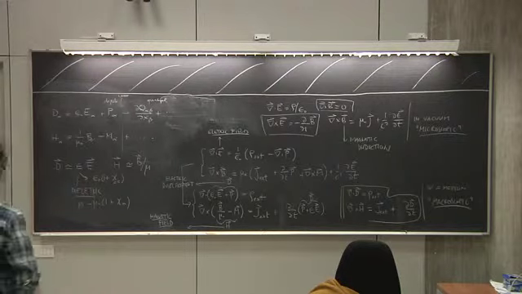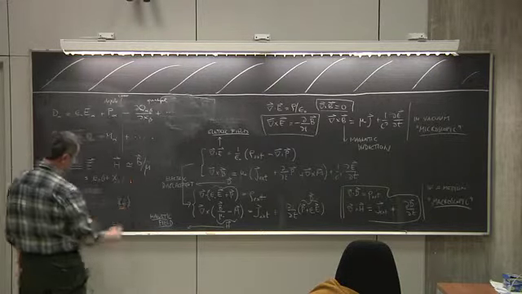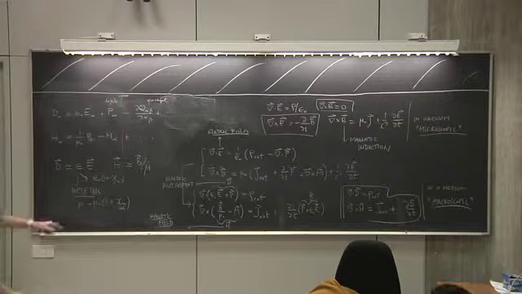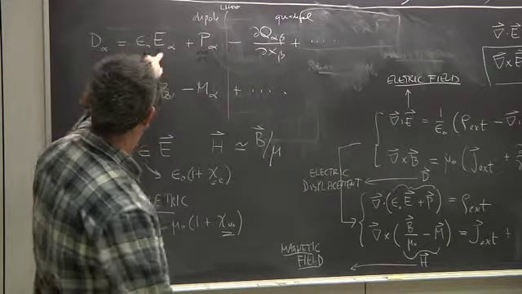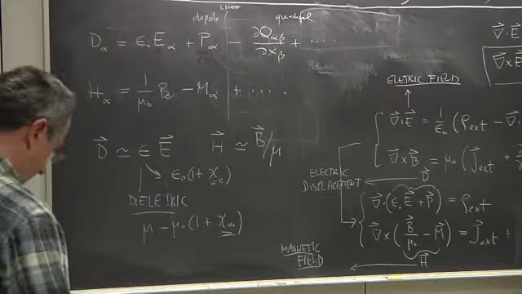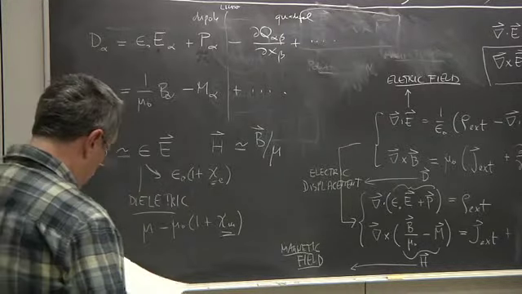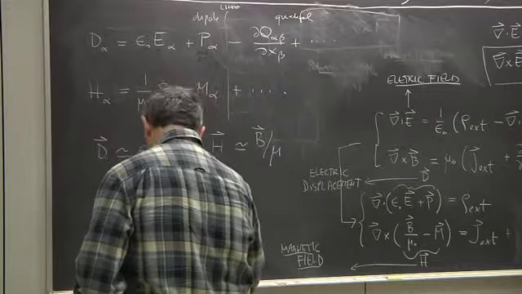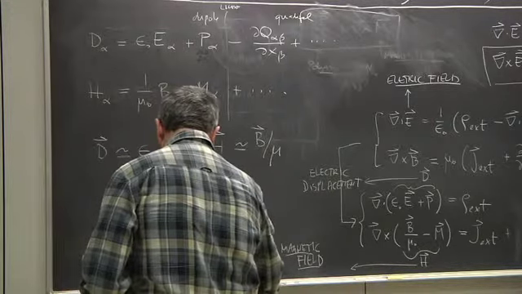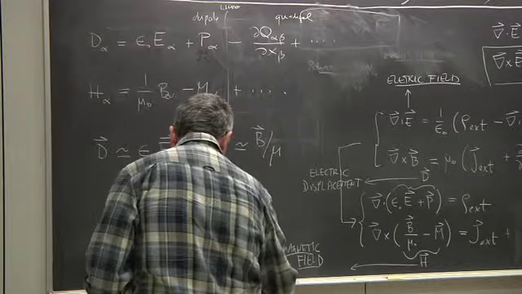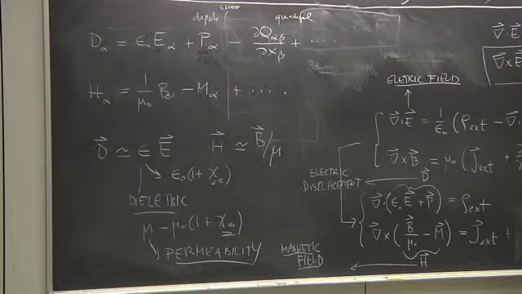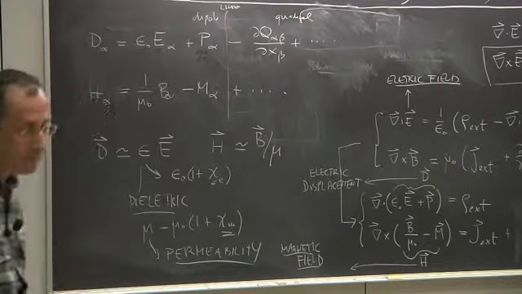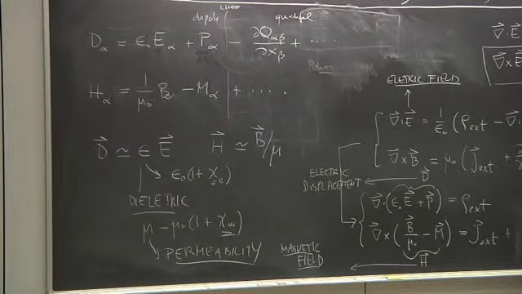Anyway, you understand, it is the constant, the proportionality of this term to the external B and E. And this is called the permeability. Very good. Again, this in principle could be a tensor if you get components in other directions.